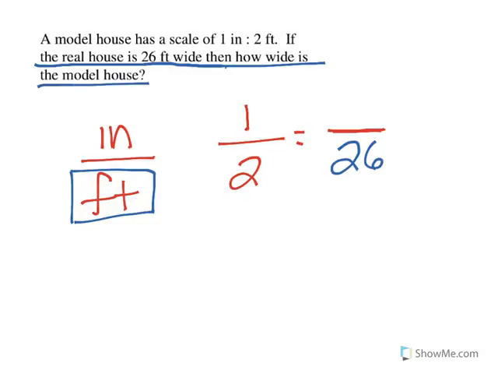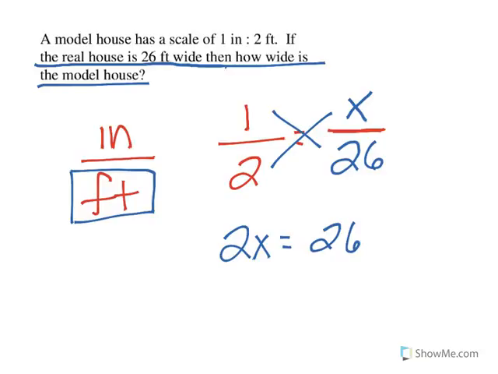So the model house, we're looking for in inches. Alright, so we multiply 2 times x, 1 times 26, divide by 2, and x is 13. So the model house is 13 inches wide.